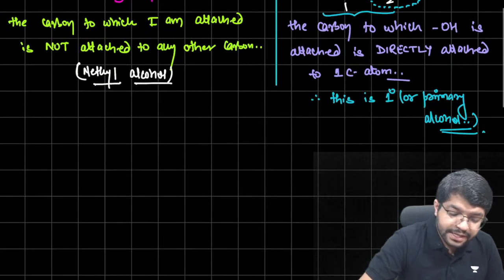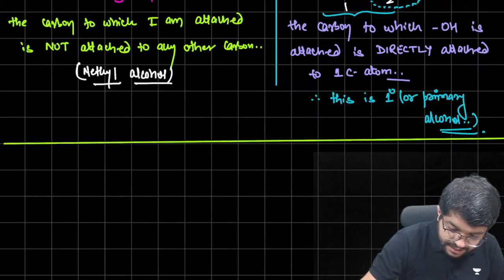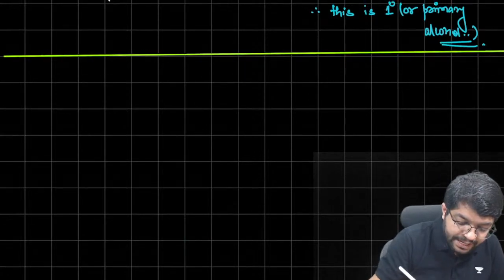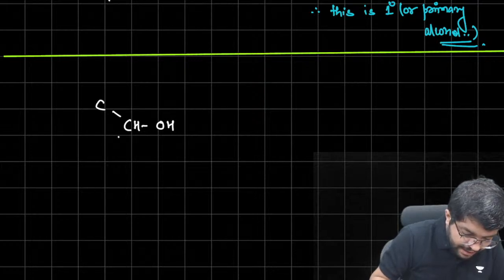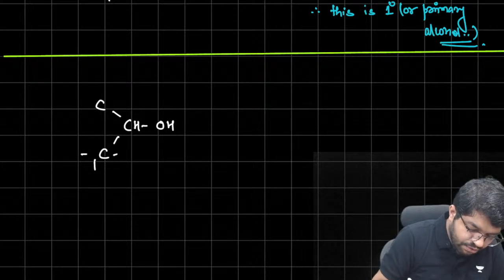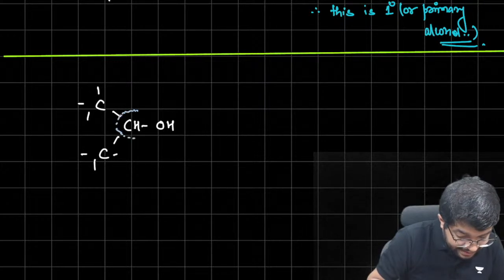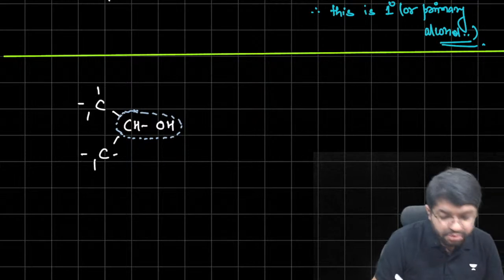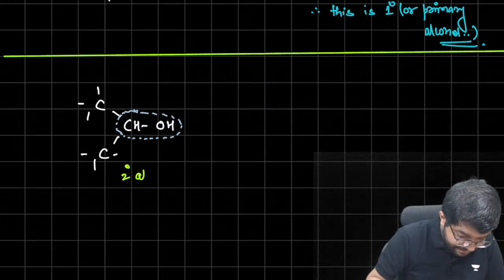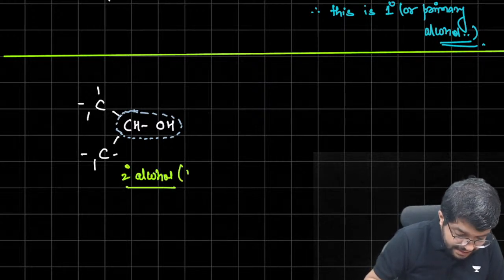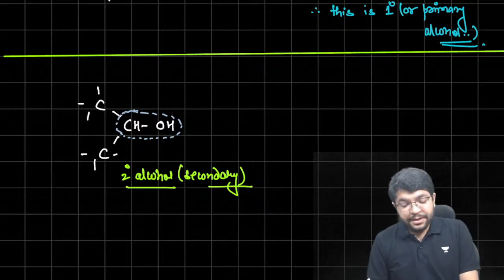Next, if it is a 2 degree, how does it appear? It's going to be CHOH. The carbon to which I am attached is directly attached to two carbons. So this is going to be a 2 degree alcohol, or we can say a secondary alcohol.